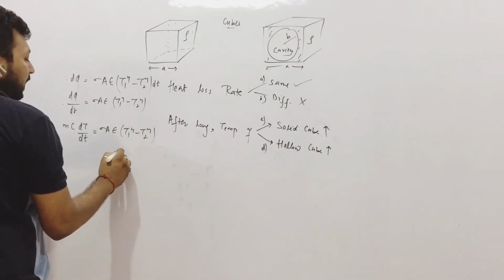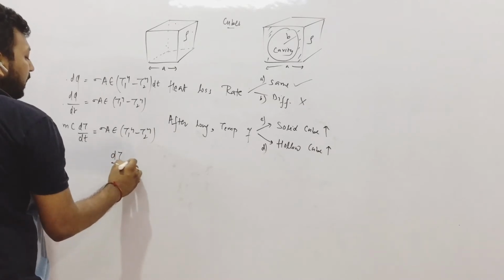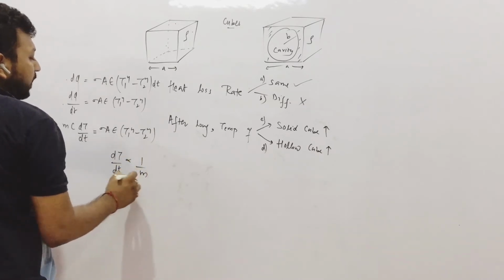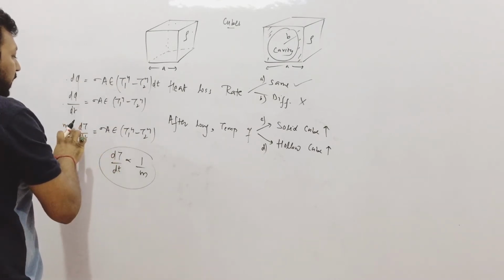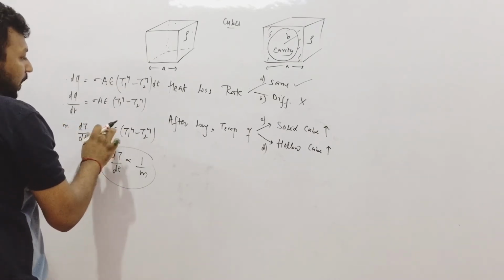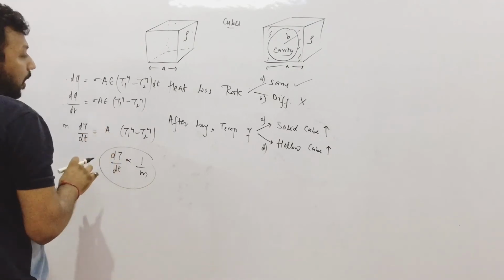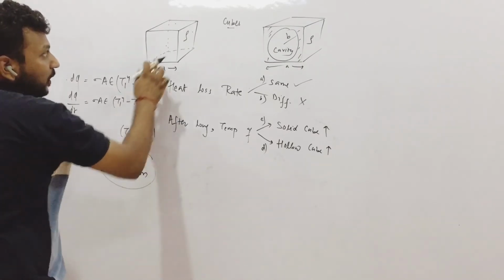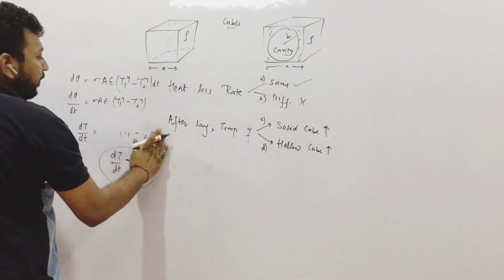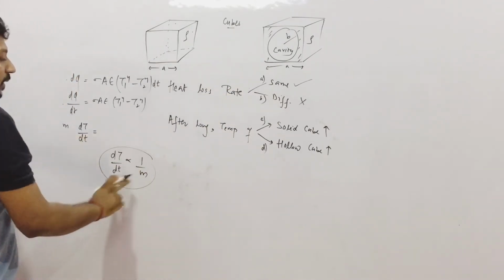So you can see dT upon dt is inversely proportional to mass. If they are of the same material, I don't have to worry about c, sigma or emissivity. The outer area is the same, and the temperatures of the body and the surroundings are the same, so I don't have to worry about those either. It is inversely proportional to mass.